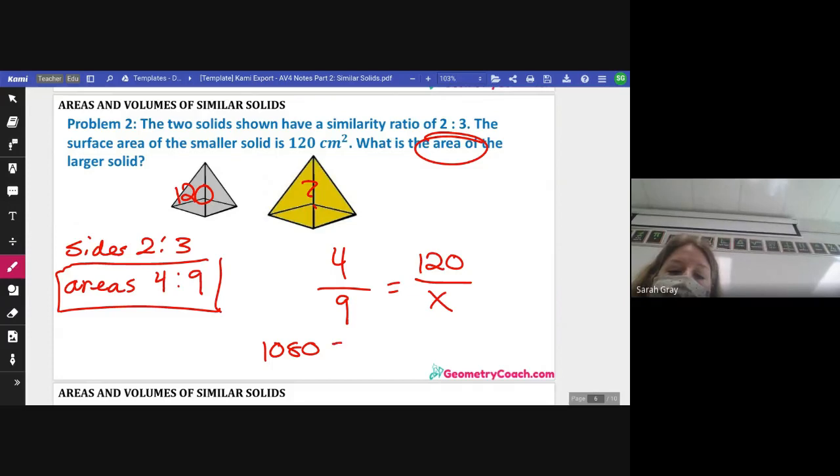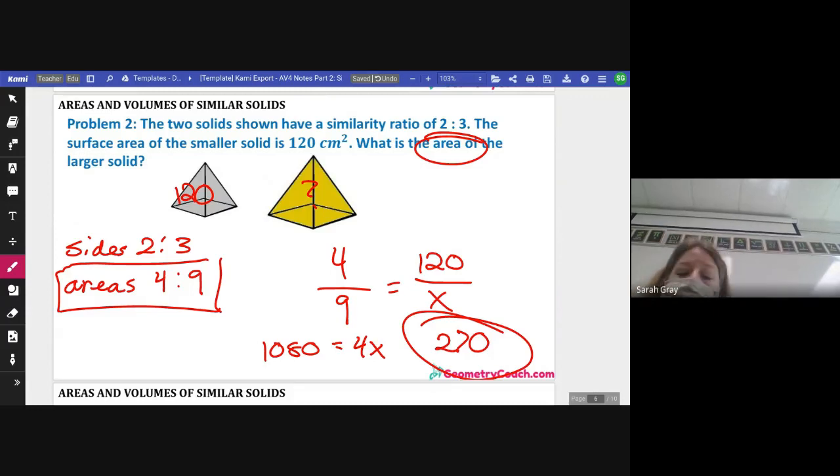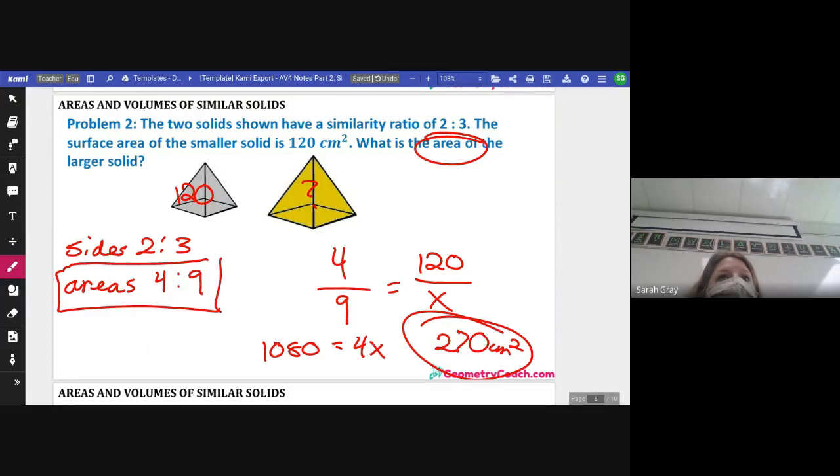It's 1080. And then we divide that by 4. 270. So the area of the missing shape is 270 centimeters squared. All right, questions?